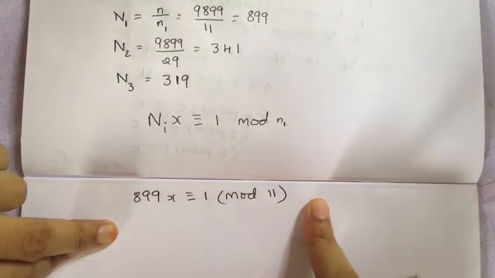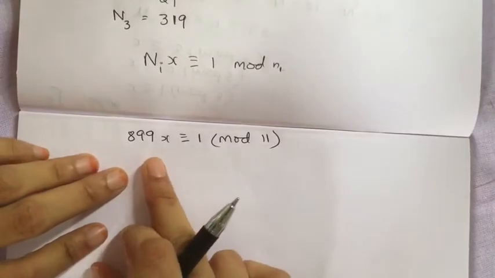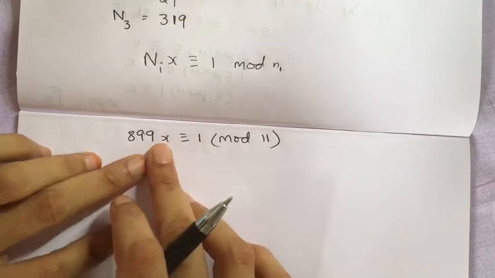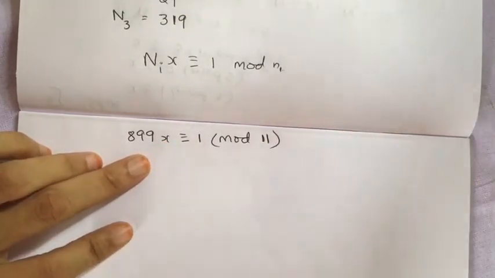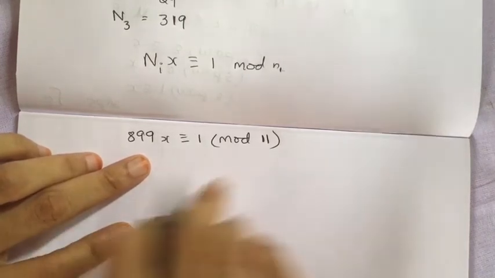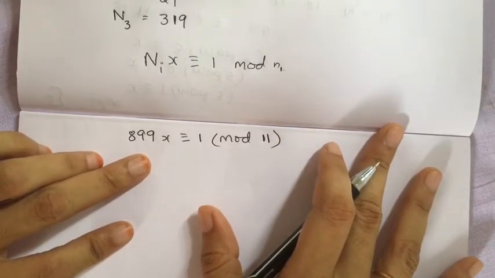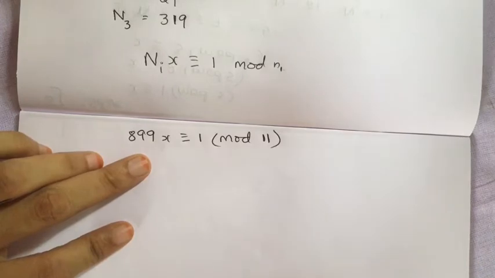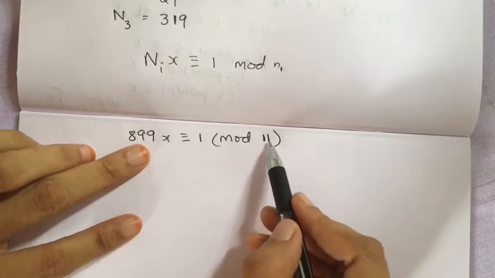Now I have to solve. It's not so easy just by doing the trial and error method, since you have got larger values over here. If it's below 9, something like below 10, then it is quite easy. Otherwise you have to be very careful. Now I'll just rewrite this. See, 899 is not divisible by 11.